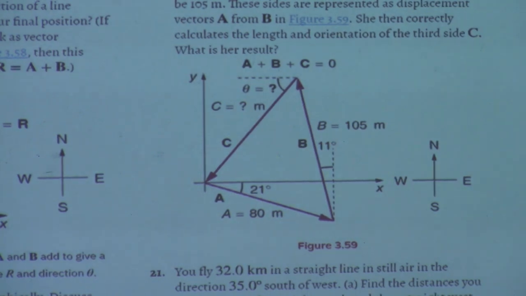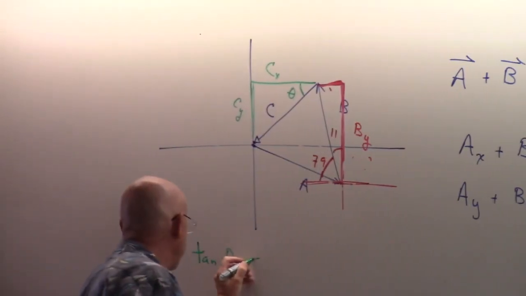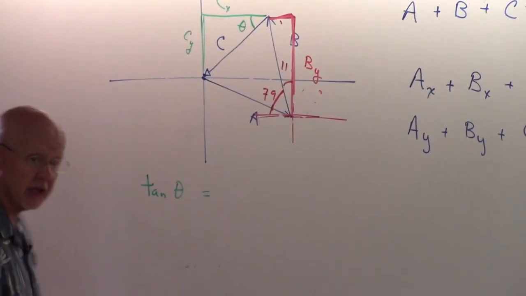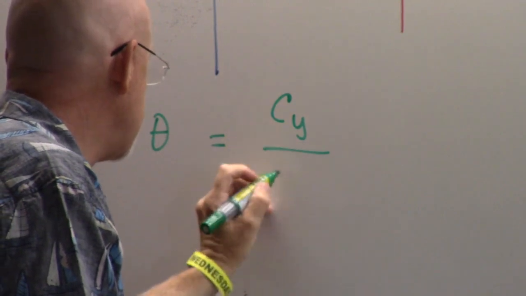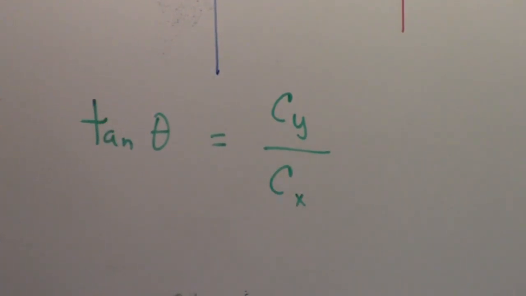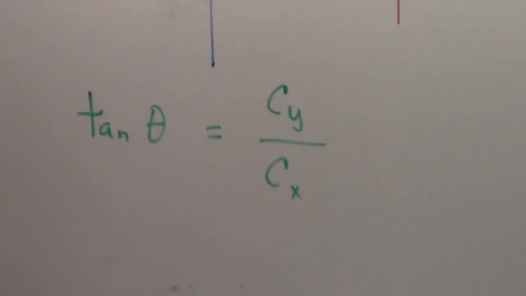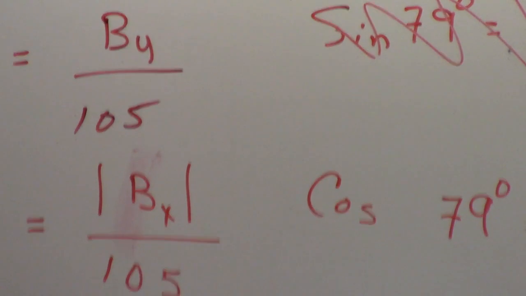And then if you write the trig function tangent of theta, remember tangent means opposite over adjacent. So the opposite of this angle is cy, and the adjacent is cx. Now we're kind of back to our discussion we had here, where we can think of them in our minds just as positive numbers.